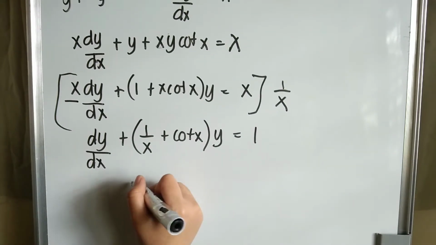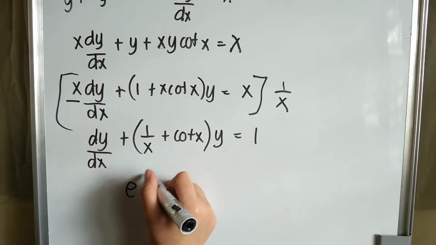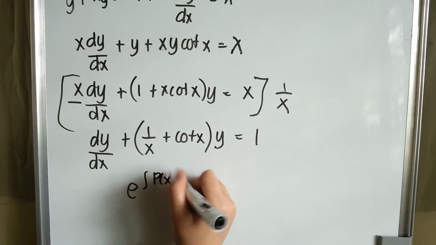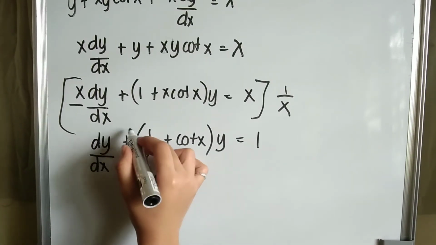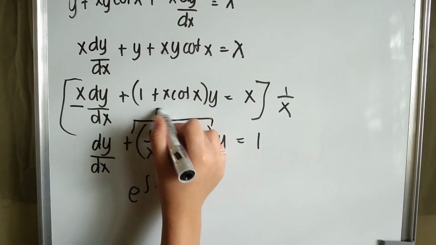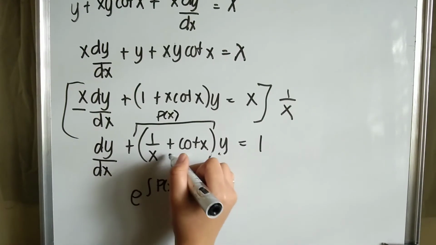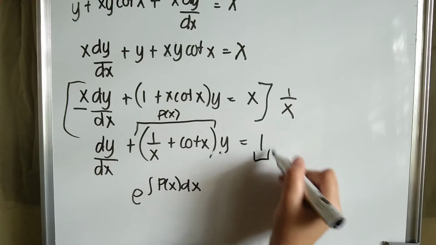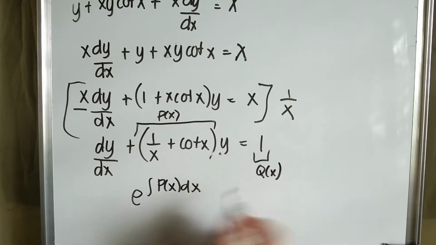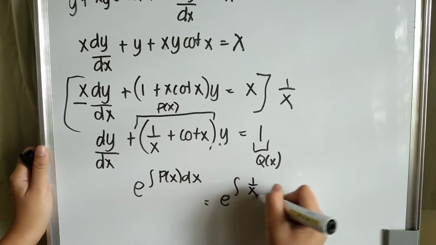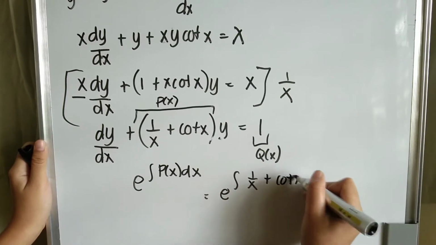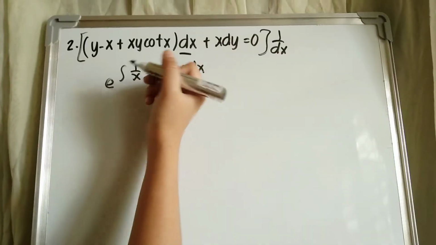And next step is to solve for our integrating factor, which is e raised to the integral of p of x dx. And our p of x here is this one. This is the value of our p of x, which is 1 over x plus cot x. And then our q of x is 1. So this will become e raised to the integral of 1 over x plus cot x dx.